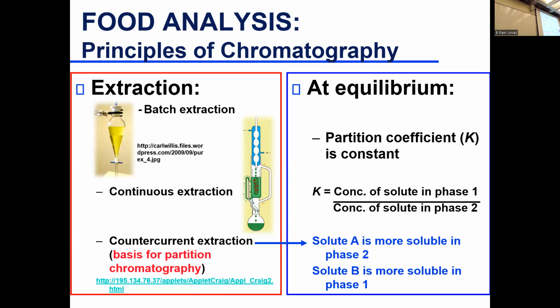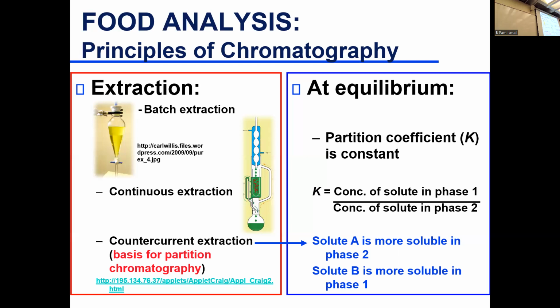Okay, the concentration of solute in phase 1. Phase 1 is your mobile phase, the phase that is moving. Phase 2 is your stationary phase, the phase that is not moving. Staying put, and I'll show you the demonstration. Here, solute A is more soluble in phase 2.